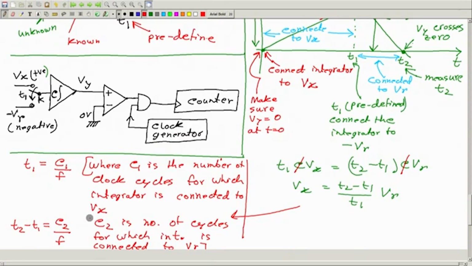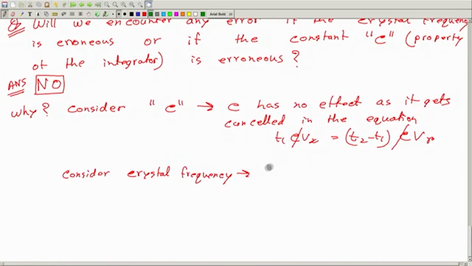So here you can write this is C2 by F, and this is C1 by F multiplied by VR. Once again, you see this F and F cancels. Therefore, the frequency of the clock generator has no effect.